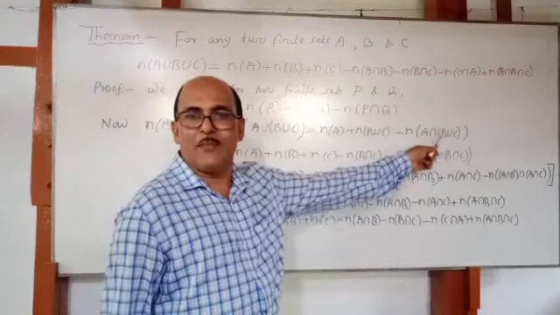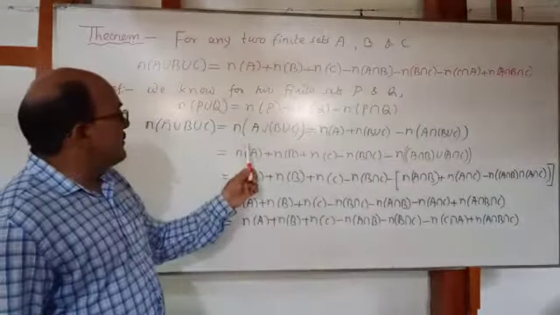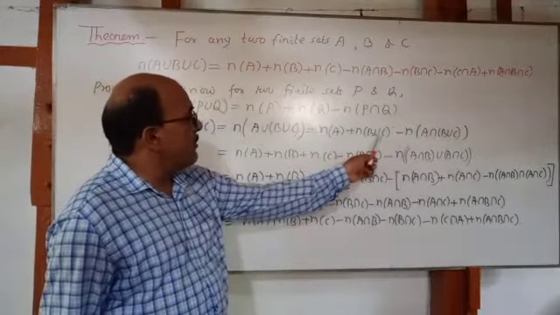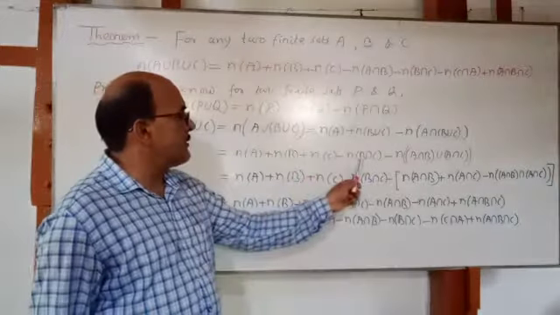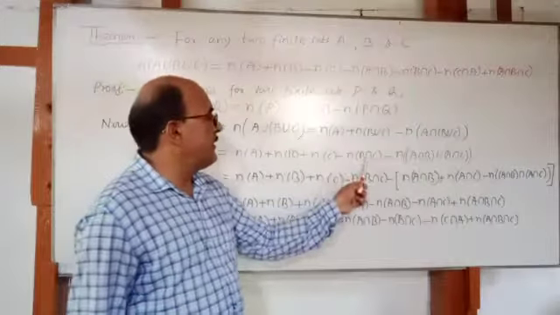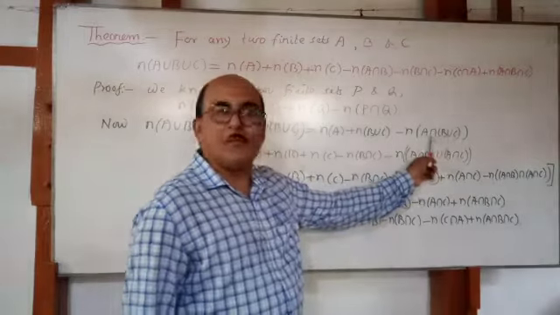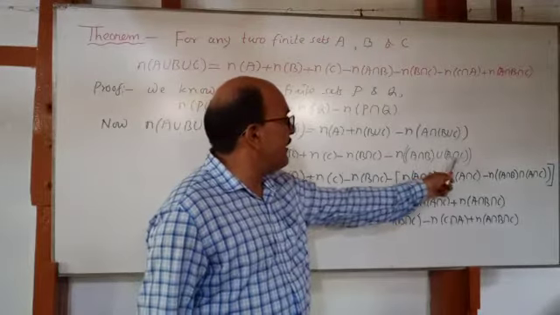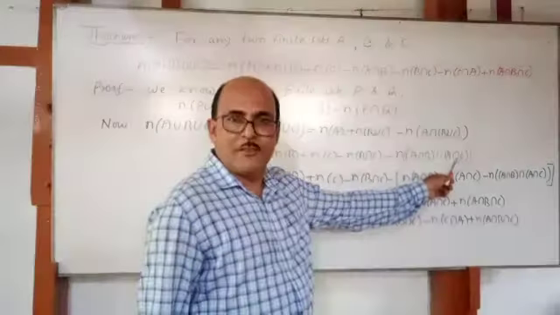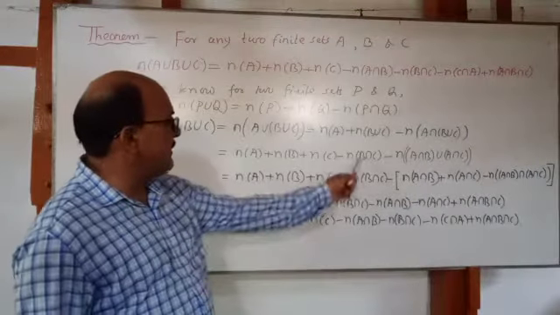Here P is A and Q is B union C. So this is n(A) plus n(B union C), and again you can consider it as P union Q, so it will be n(B) plus n(C) minus n(B intersection C). Now this A intersection (B union C), by the distributive law we can write as n((A intersection B) union (A intersection C)). Now n(A) plus n(B) plus n(C), then this remains.